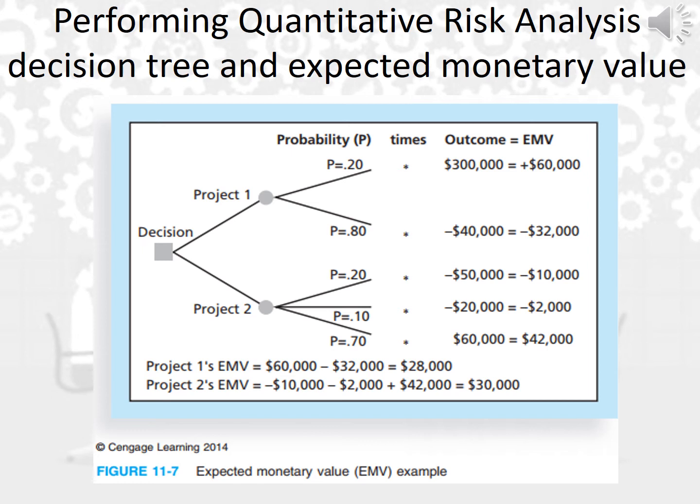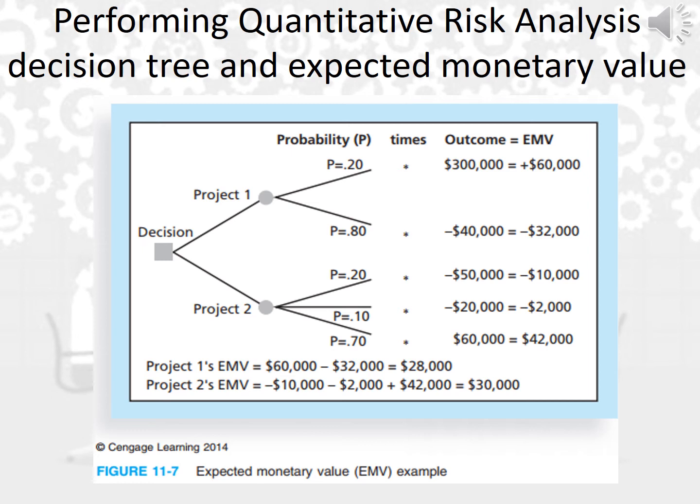So from the final results of project 1 and project 2, the firm can decide to go for it and accept it, because both will lead to a positive number in the EMV, in expected monetary value. So here I get a positive figure, so why not, let's go for the projects.